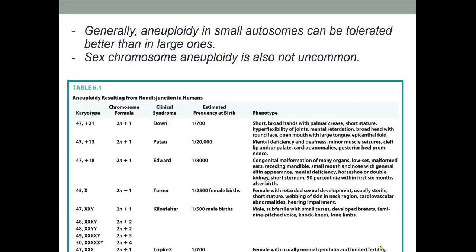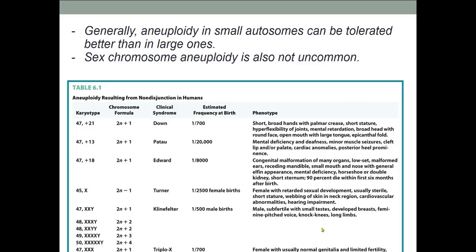And notice over here, a female with usually normal genitalia, but limited fertility, right? So remember what we talked about for sex differentiation in humans, that if you have that X chromosome without a Y chromosome, the developmental path for the embryonic gonad would be towards female genitalia, female tissues, all of that.